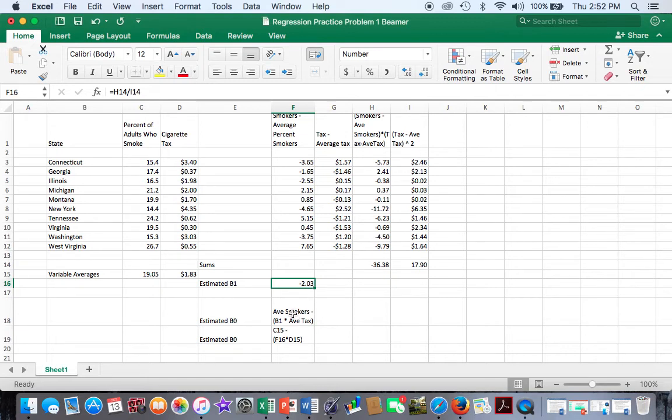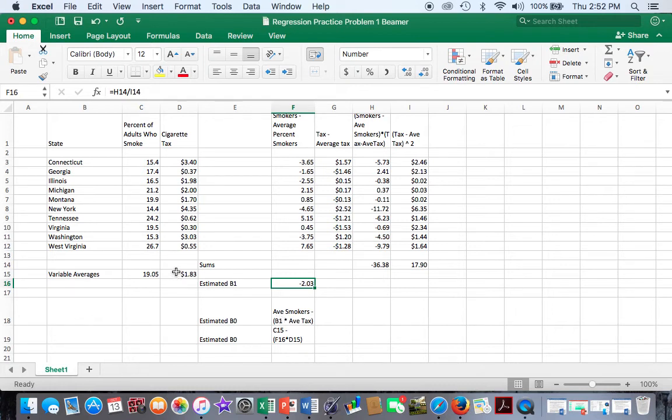Now I need to estimate the intercept, which is sometimes called B sub 0. That simply requires that I take the average number of smokers, which is the average of the response variables, and subtract from it B1, the slope, which is cell F16 in this case, times the average tax, which is $1.83. When I said B1, I didn't mean the cell, I meant the beta 1, the slope.